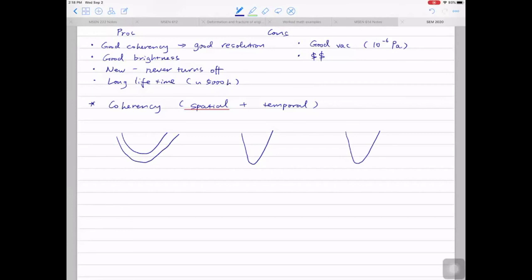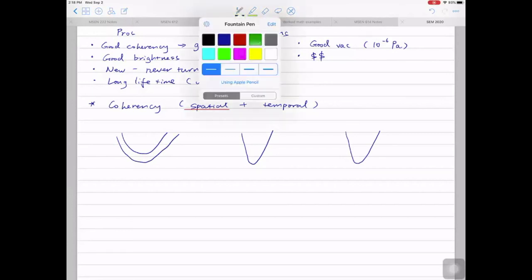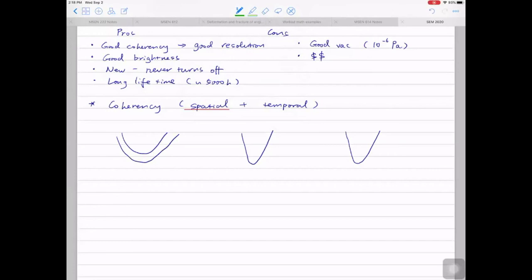In the first case, when we use heat, since this bend covers a pretty large area, a lot of places can emit electrons. The electrons come out from different places, so they are spatially incoherent. That's why this one has poor spatial coherency.